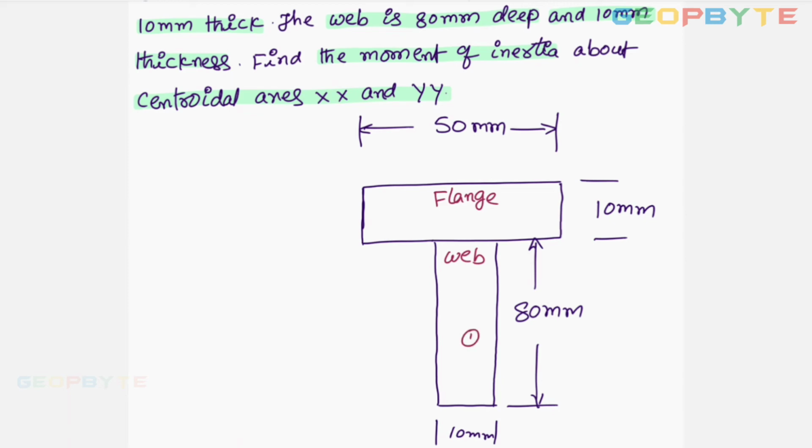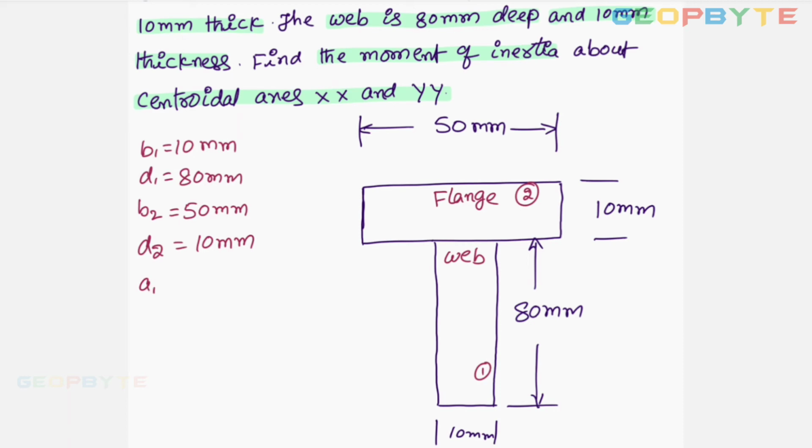Let me write at a corner. This is section 1. This is section 2. For section 1, B1 equal to 10 mm and D1 equal to, tell me what is the D1 value? 80 mm. Very good. B2 equal to 50 mm, D2 equal to 10 mm.